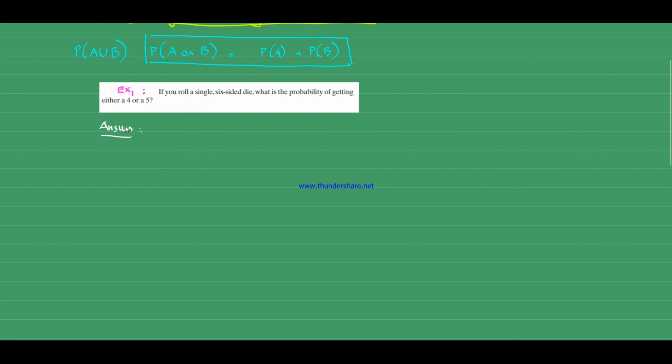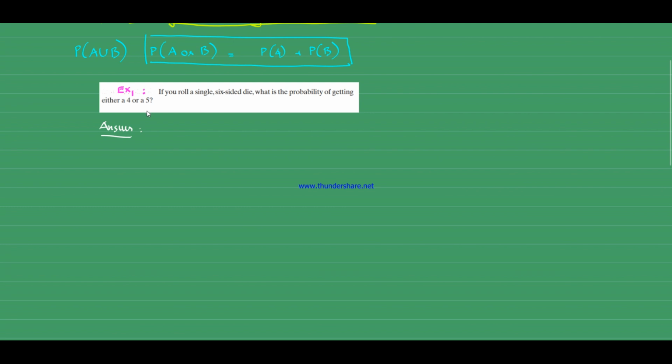We roll a single six-sided die. What is the probability of getting either 4 or 5? First of all, we need to recognize two events. The first event is getting 4, and the second event is getting 5.